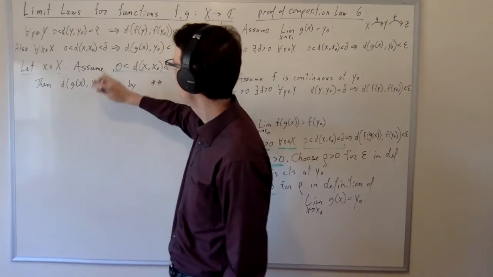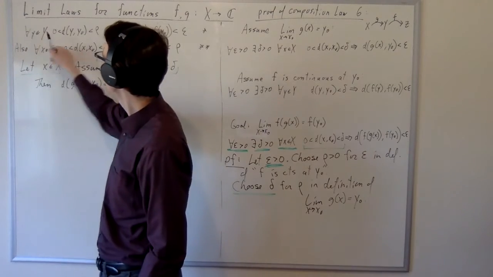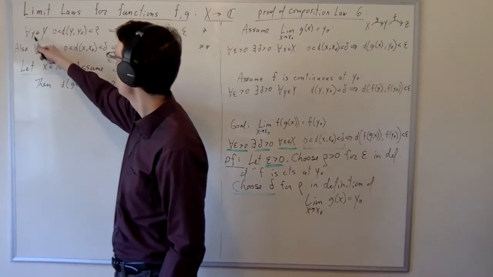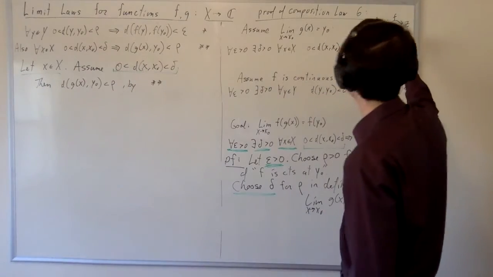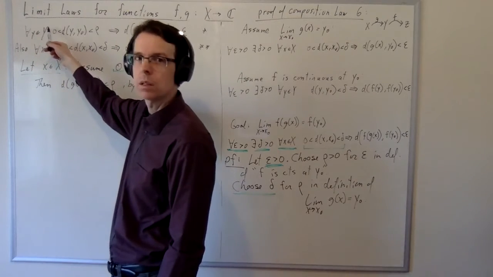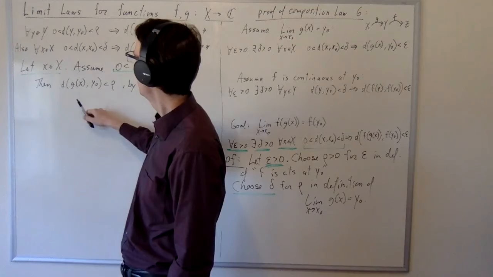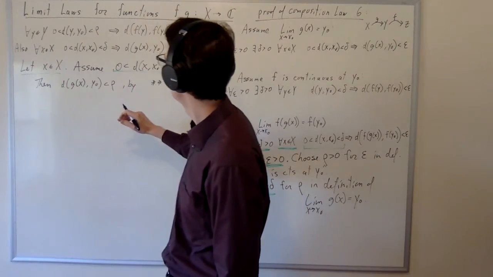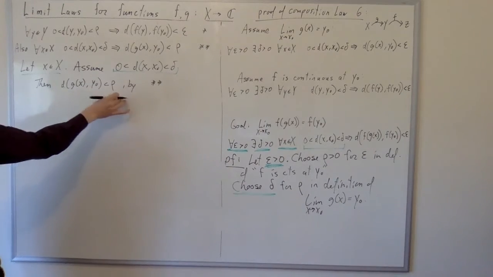Now, here's where things get a little bit sneaky. So this implication here is true for all y in the metric space, and g maps into the metric space y. So this is true for any little y in the set capital Y, and g of x is such a y. And that means that this is necessarily less than rho.